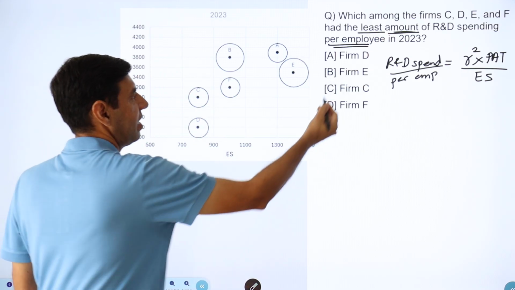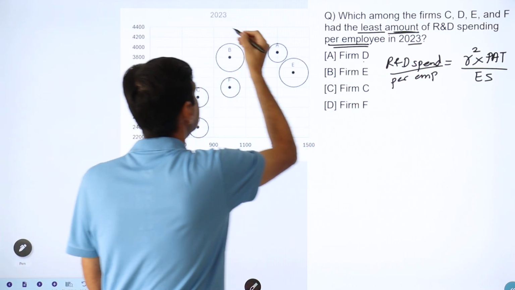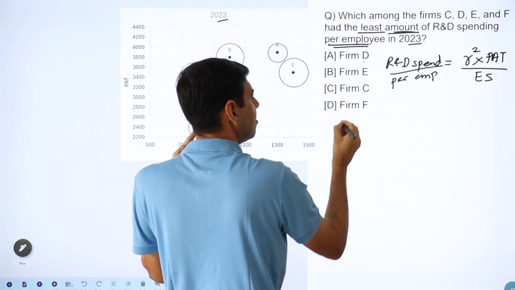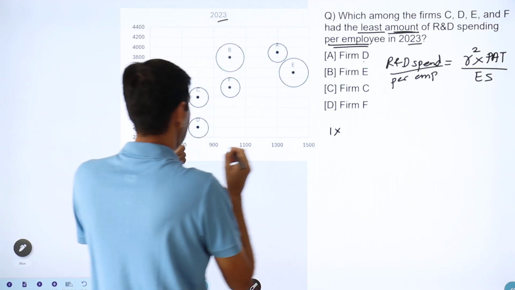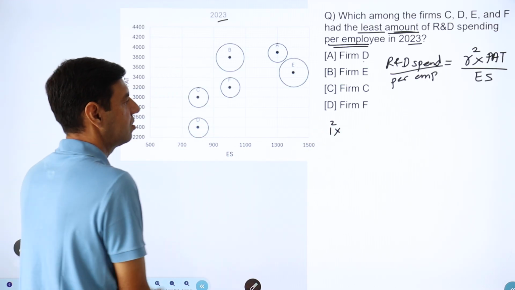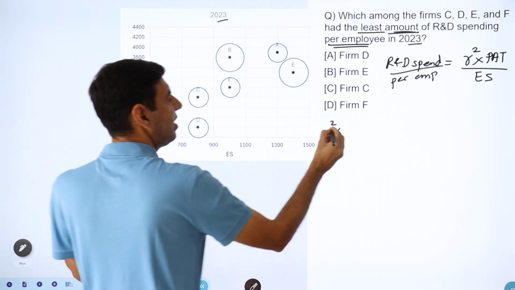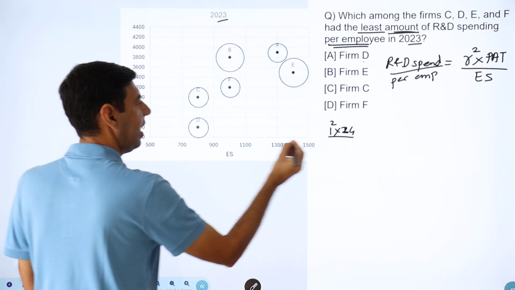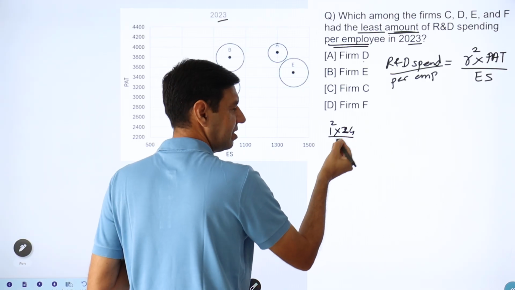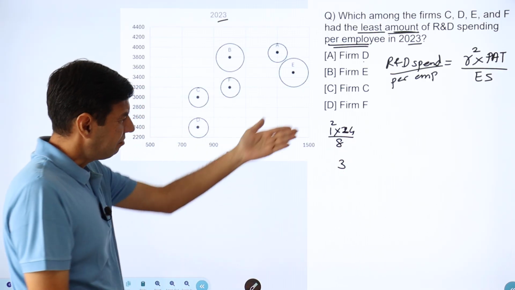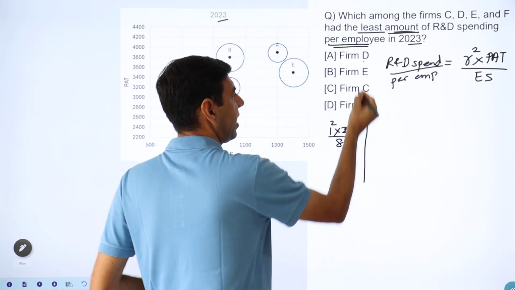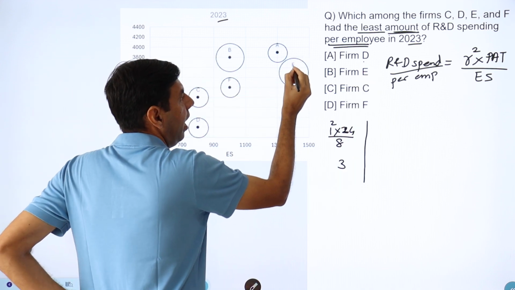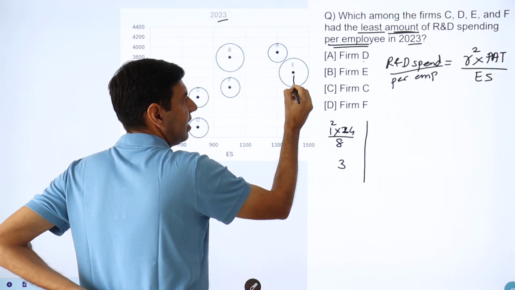So if I take D, again only focus on the graph for 2023. For D, R is going to be 1 squared, don't forget the squared, of PAT, which is 24, divided by how many people? 800, that is 8. So this is a simple number, 3. Since it's obvious, I'm writing it down. For the second option E, the radius now is 1.5 grid lines.